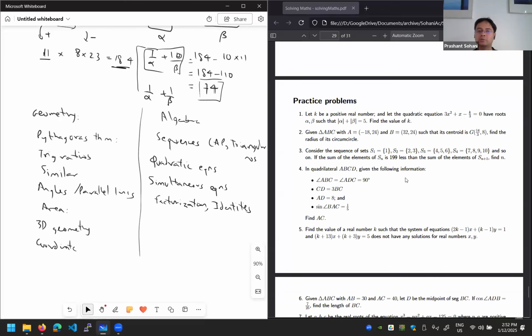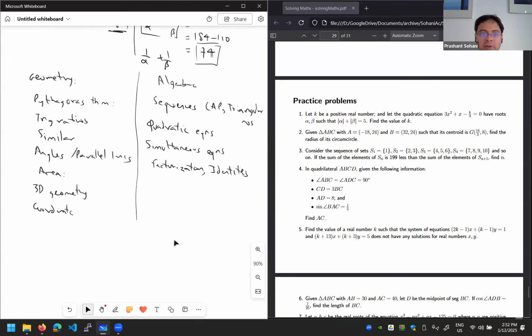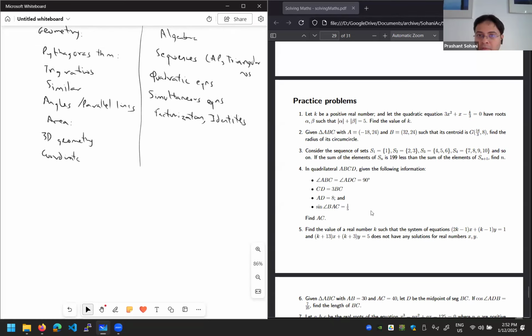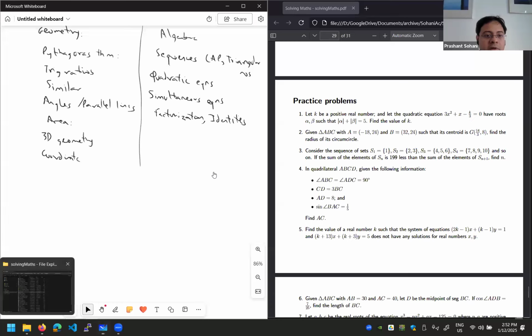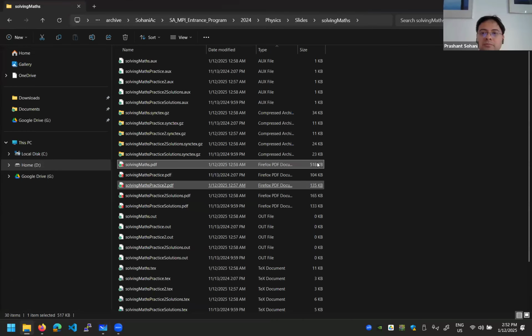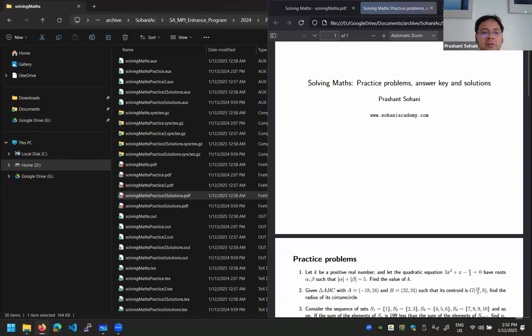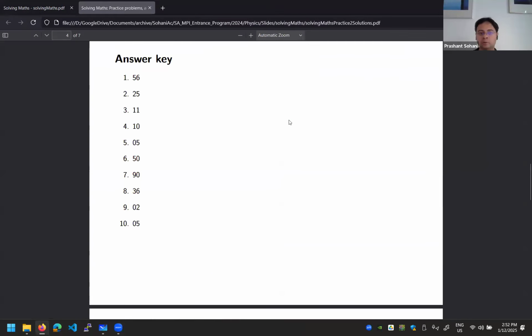I hope everybody got a chance to attempt the paper first in a timed way and then without any time restriction. Okay, then let us go for the first question. Well, before that, if you want, I can share the answer key with you for those who have solved the paper. Yes, this is the answer key. If you want to copy or take a screenshot. I hope it is correct.